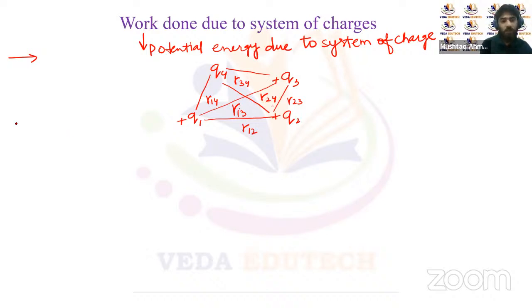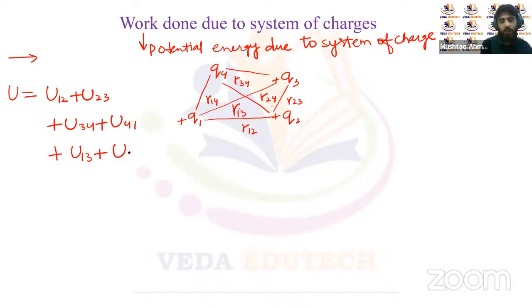It means the total potential energy of this system will be the potential energy between 1 and 2, 2 and 3, 3 and 4, 4 and 1, and also between 1 and 3, and finally between 2 and 4, right? So we have 4 charges here, but 6 terms of potential energy, and we add all these terms to get the total potential energy of the system.